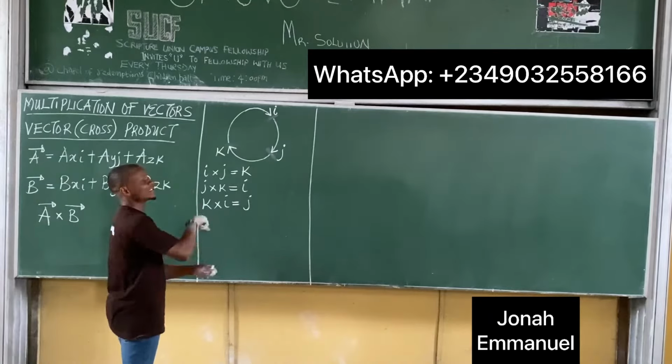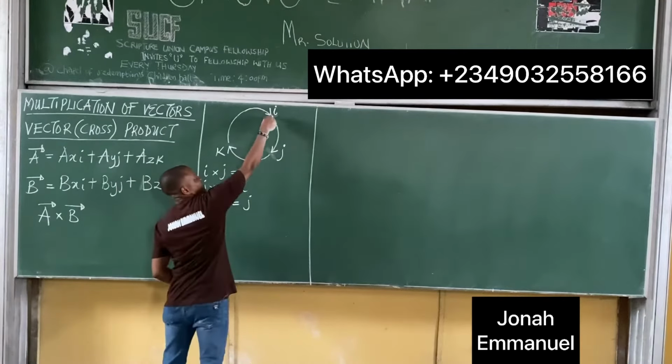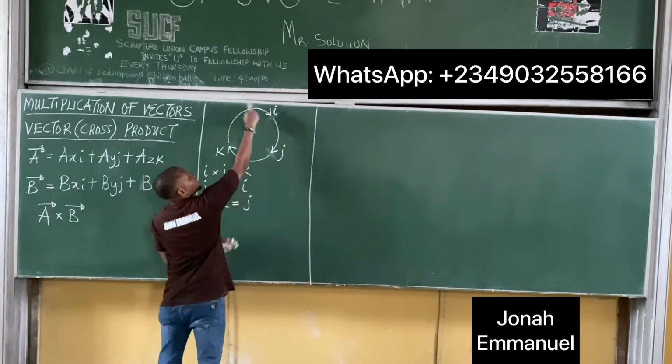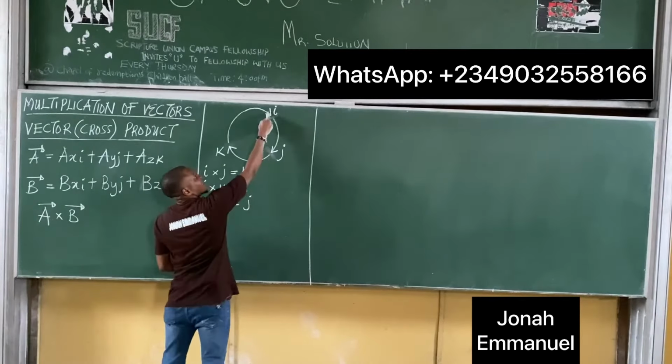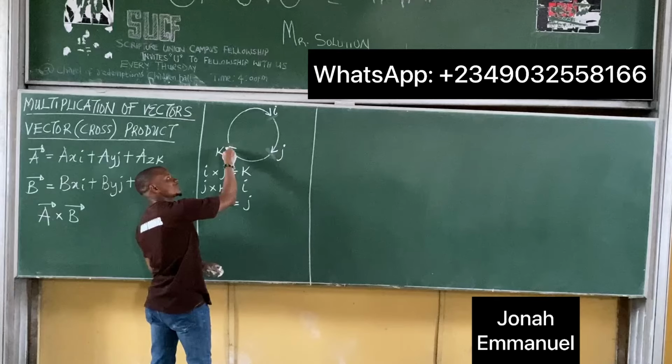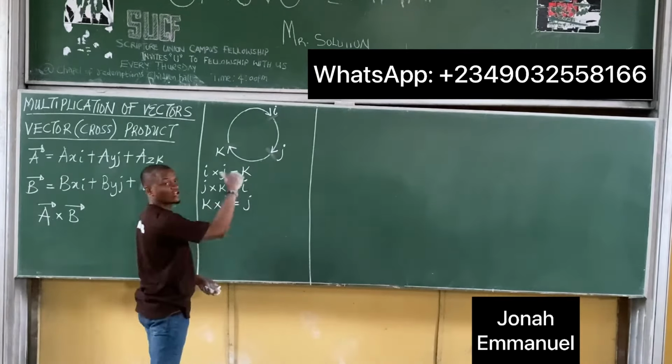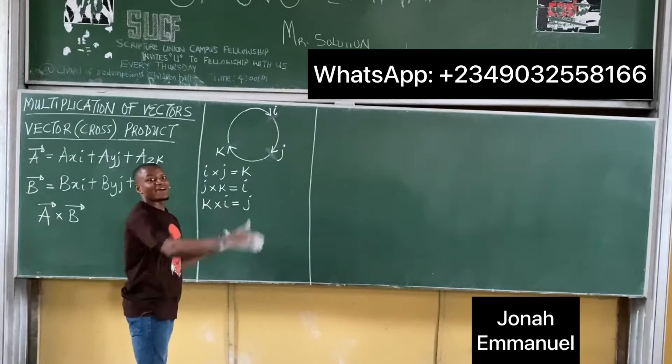Now let's do it anti-clockwise. If I go in the reverse direction, it becomes I cross K equal to not just J but minus J, because I'm going in the reverse direction.